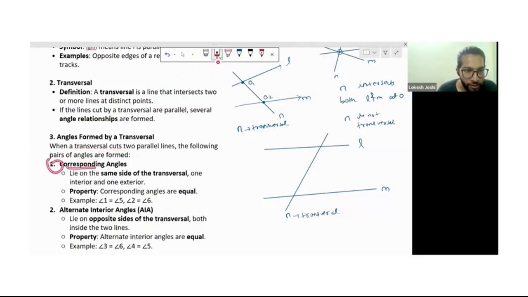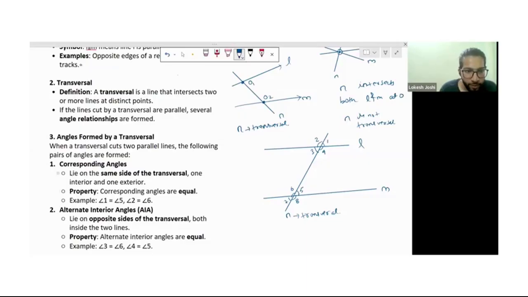So first of all, the first one is corresponding angles. Okay, let me name all these angles so it will be easier for you. Suppose this one is angle 1, this one is angle 2, this one is angle 3, this one is angle 4, this is 5, 6, 7, and the last one is 8.